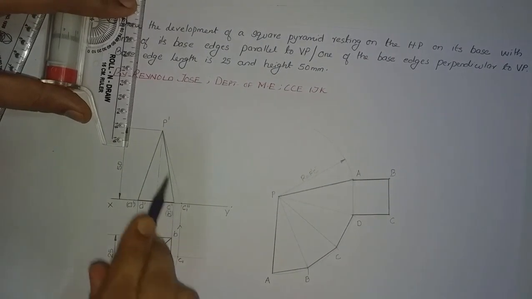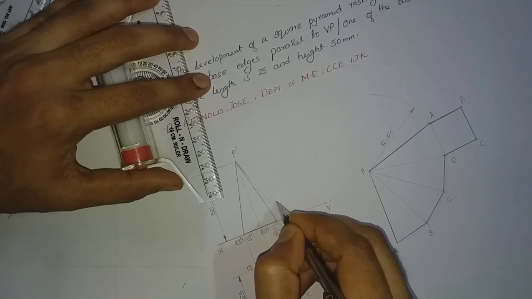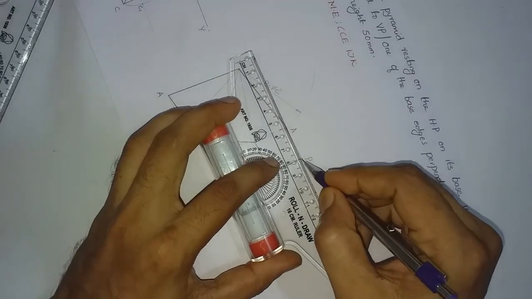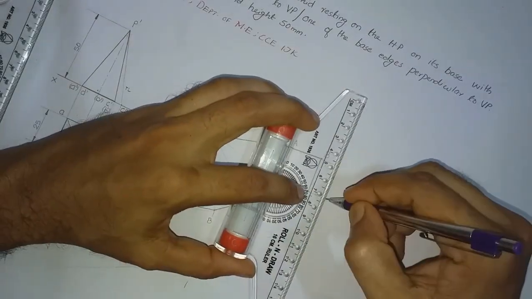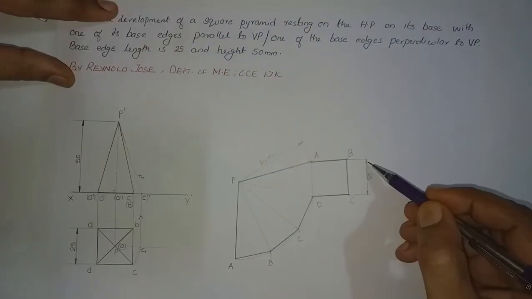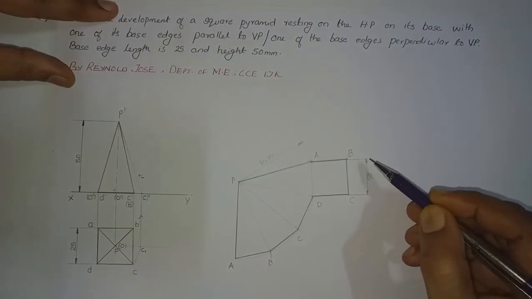Now we shall dimension it. So this is P dash C1 double dash because we are taking the true length of a slanting edge here. So this is the true length. Base edge length is 25.